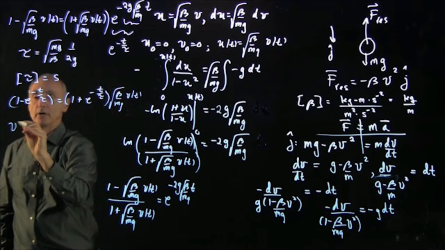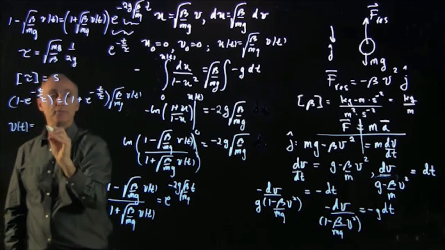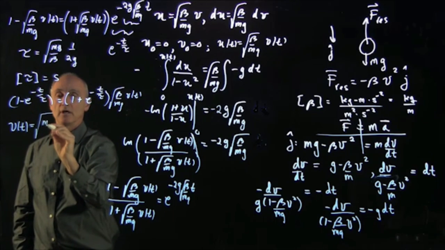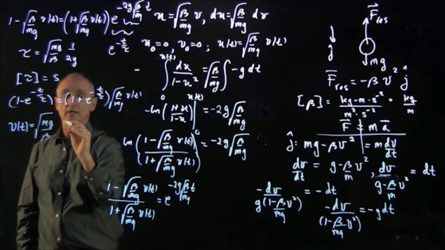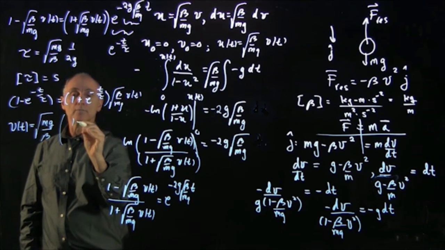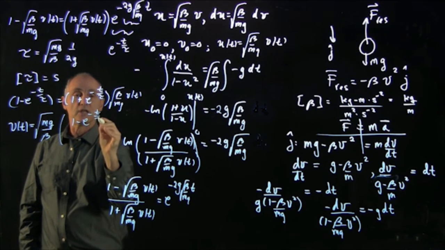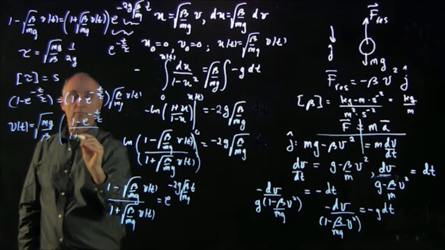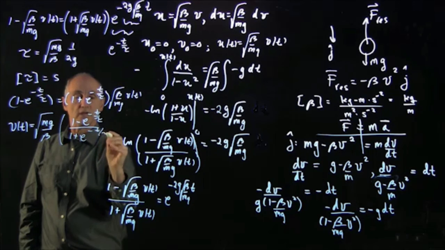And so I get my solution, v of t equals the square root of mg over beta times (1 minus e to the minus t over tau) over (1 plus e to the minus t over tau).